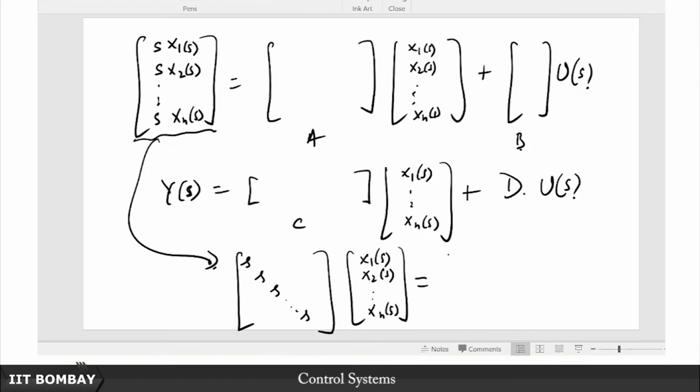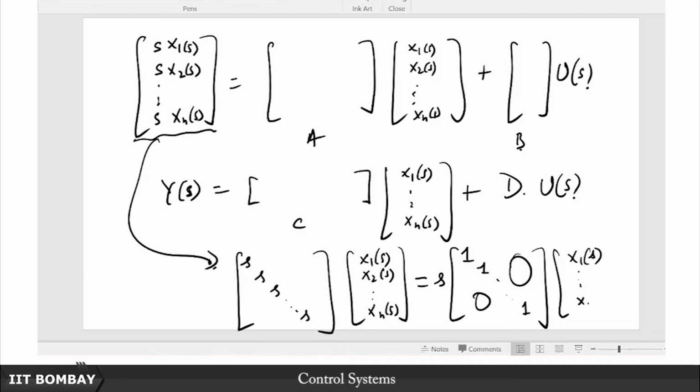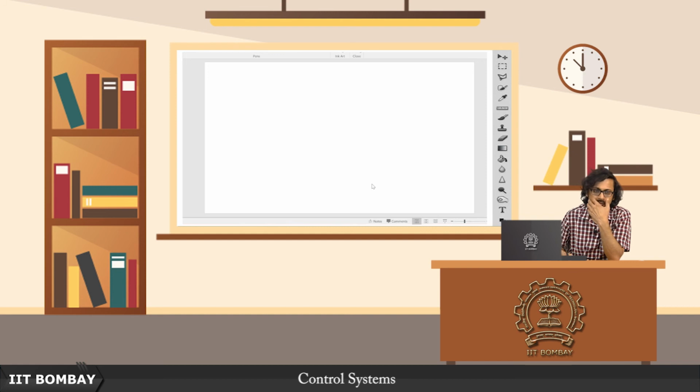So this can be further written as S times I. I can pull this S outside, and this is just the identity matrix. It is just the identity matrix, no?